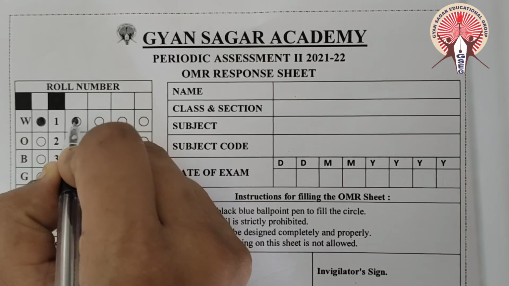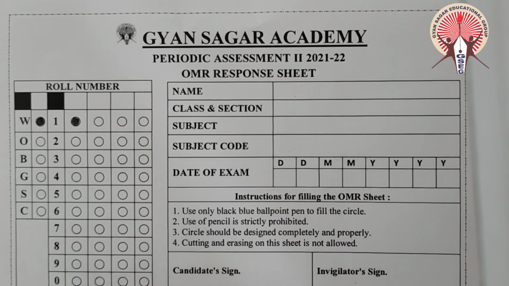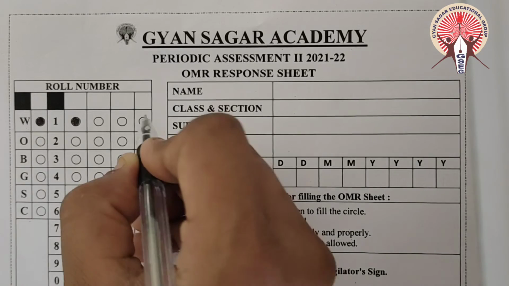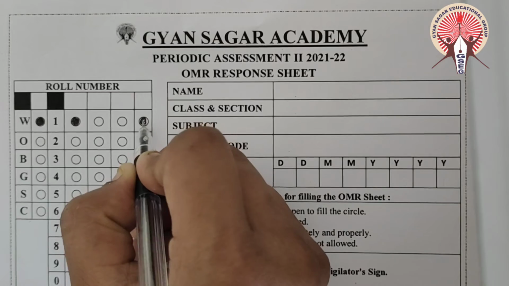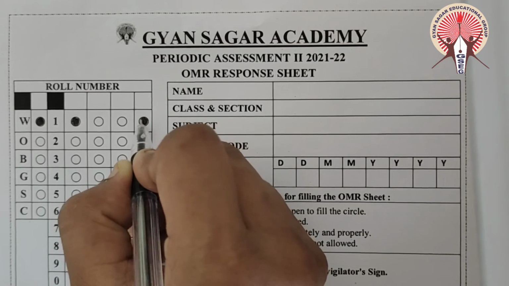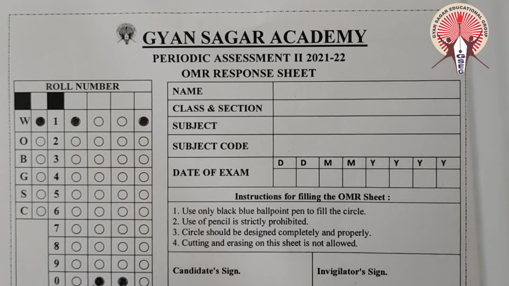First fill this 1. Then in the next column you will find 0, then 0, then again 0, and the last is 1. If your roll number is 1001, this is the way you have to fill the roll number column.